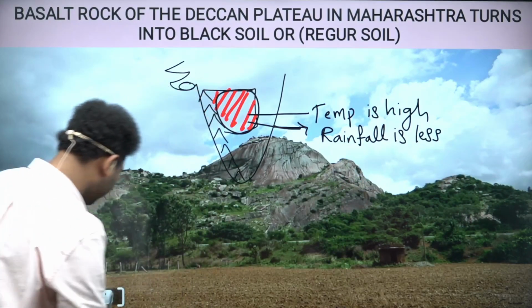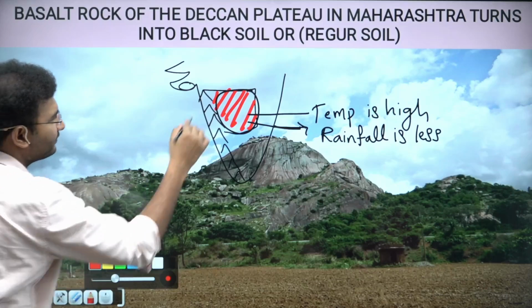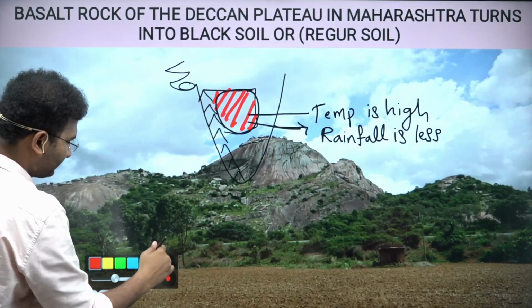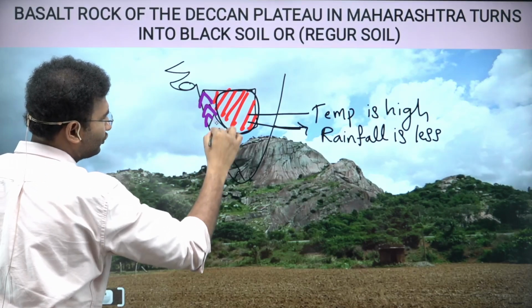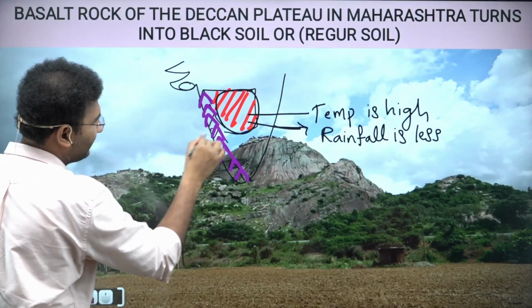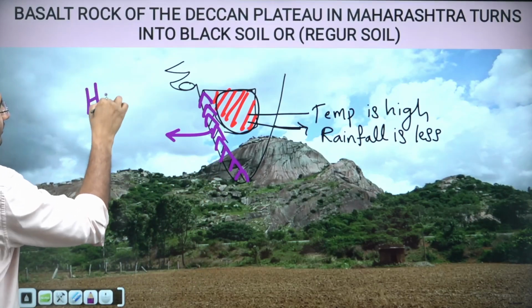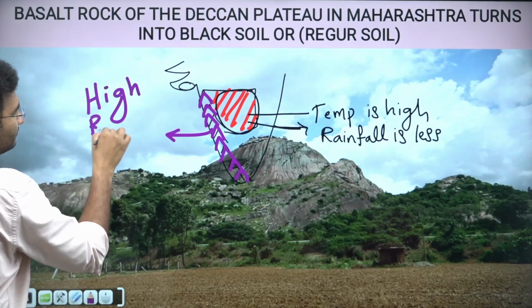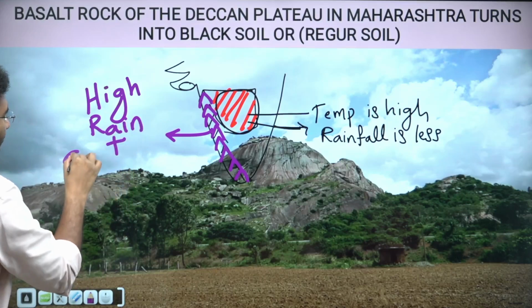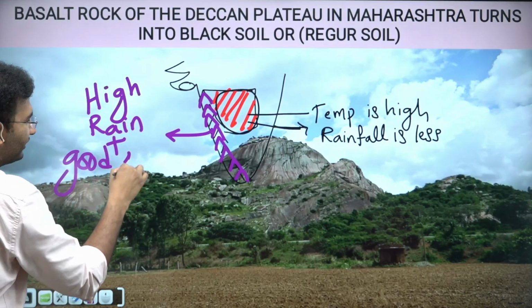Okay? But you go to the Western Ghats region in this part of the area, it is also basaltic rock, but this part of the area has high rainfall plus good sunlight, good heat.